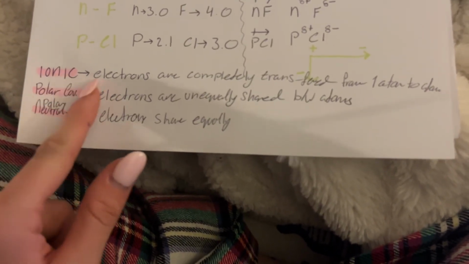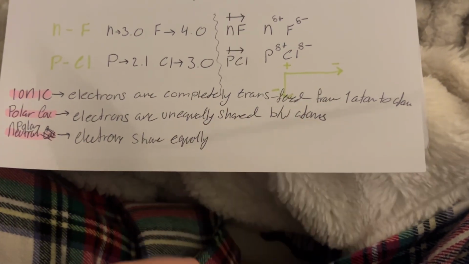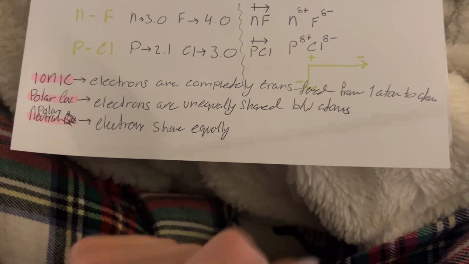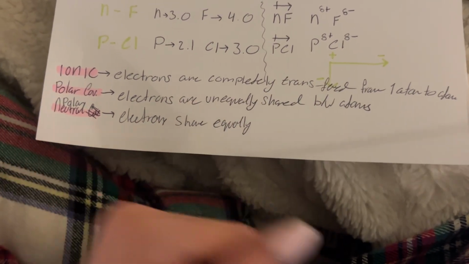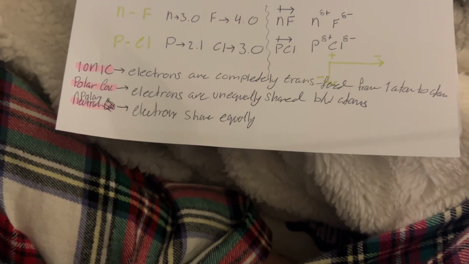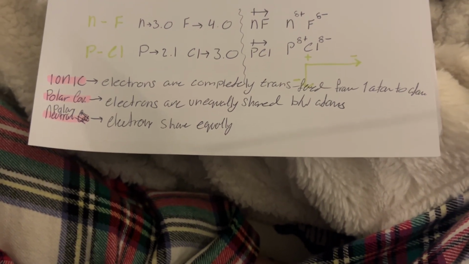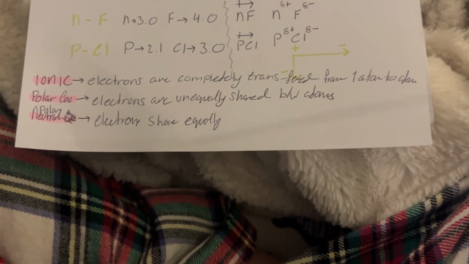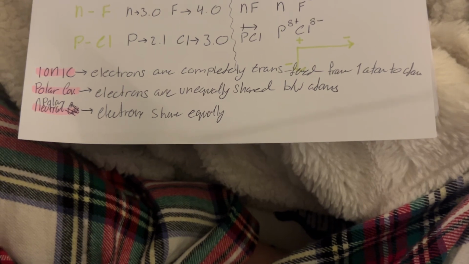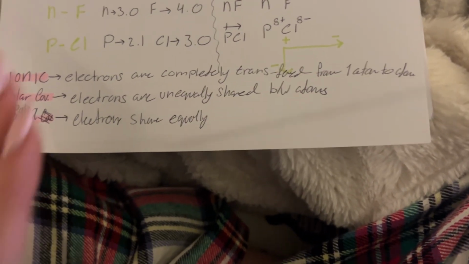Ionic bonds are when electrons are completely transferred from one atom to another. That's when they're stealing, they take one from the other, and then it's completely stolen and it's their own. For example, chlorine will take an electron from another atom, because chlorine likes to have eight electrons.